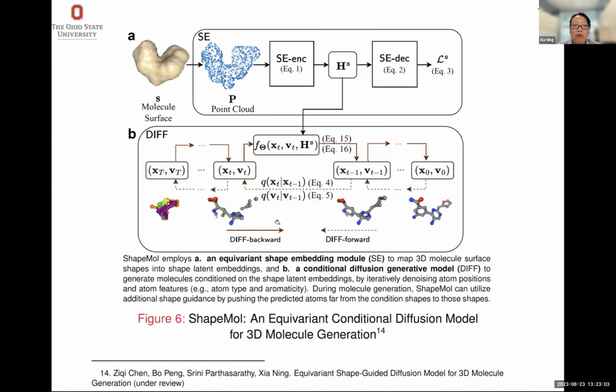And in the backward phase, we denoise step by step in order to generate a small molecule. When we do the denoising diffusion process, we use the shape embedding as our condition. And by the denoising, we can generate a 3D structure. So that's a very high level idea.